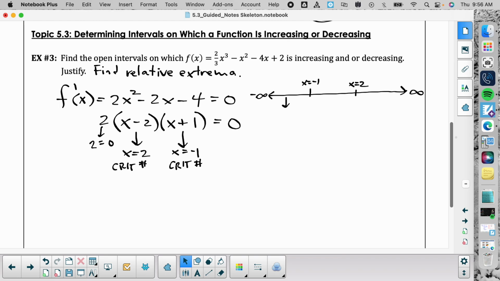We can't use 0 yet. -2 I would think would work, or -10. Sometimes the 10s are easy to calculate. We don't actually want an answer, we just want to know if the answer is positive or negative. So -2 works just because this derivative is not bad. So -2 would give me 8 plus 4, 12, minus 4. So I have an answer of 8, which is positive.